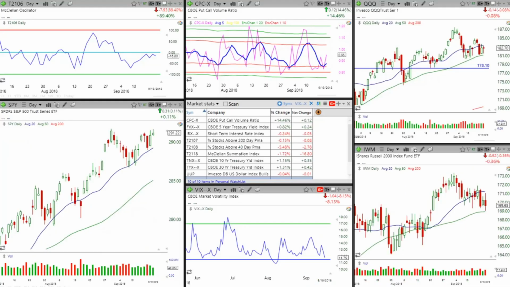This is my internals page. Obviously, it looks different than what I showed you in the prior section, but this is how we can set it up in TC2000. The McClellan oscillator or breadth on the upper left, the put-call ratio in the middle on the top, and quickly looking at the broader markets on here, and volatility index, which is a measure of anticipated volatility where our focus is whether it's at a prior low.